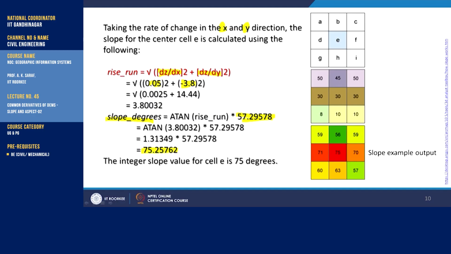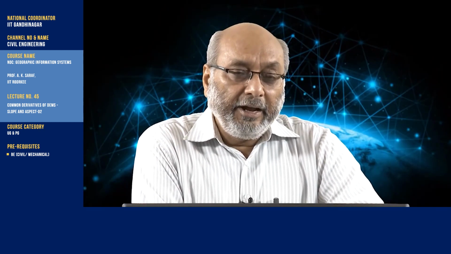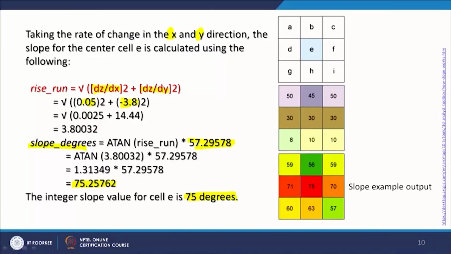Now, these are not represented in our results as fractions, because that kind of accuracy for topographic slope is not really required. So, a rounded figure is represented for degrees, and if somebody is very keen, definitely some modifications can be done so that you can get decimal places too. So, 75 degree.